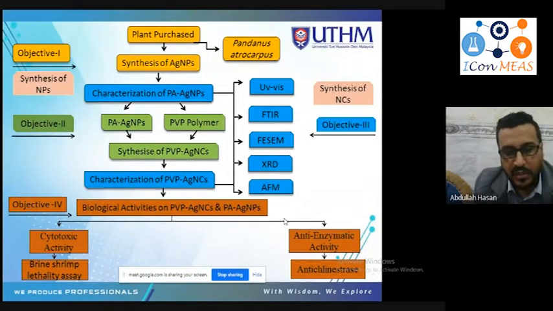There are a lot of activities we can do, but I focus on the anticholinesterase. It means anti-enzymatic activity. And sometimes we use it for kidney stone also, for the same investigation or same characterization.